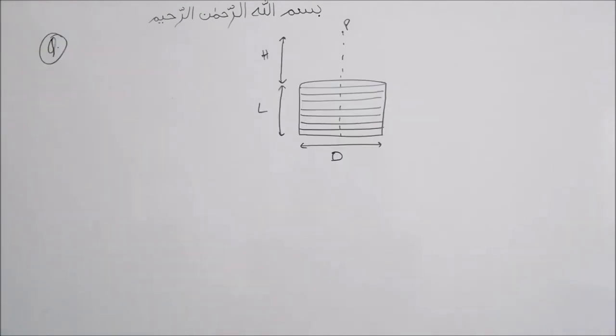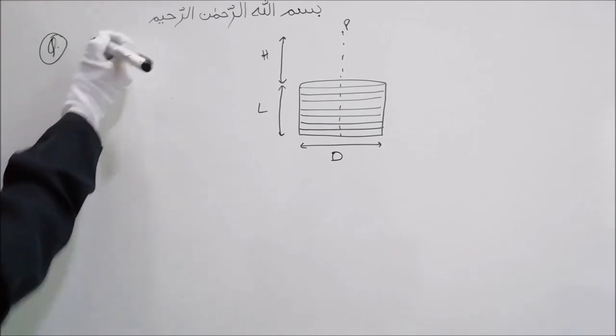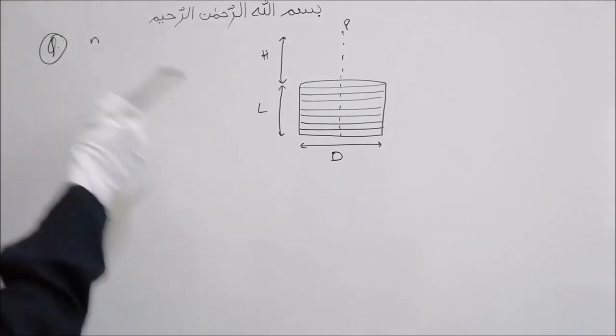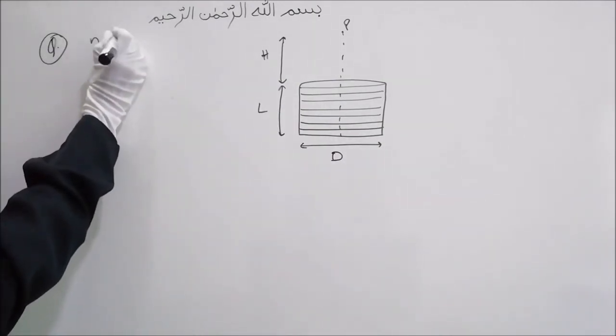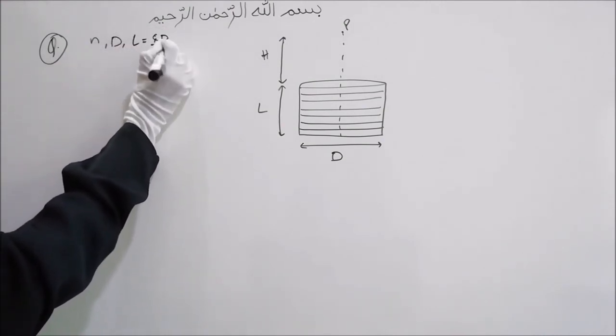Here we have a problem which says a short solenoid with n turns per unit length has diameter D and length L, which is 8d by 15.